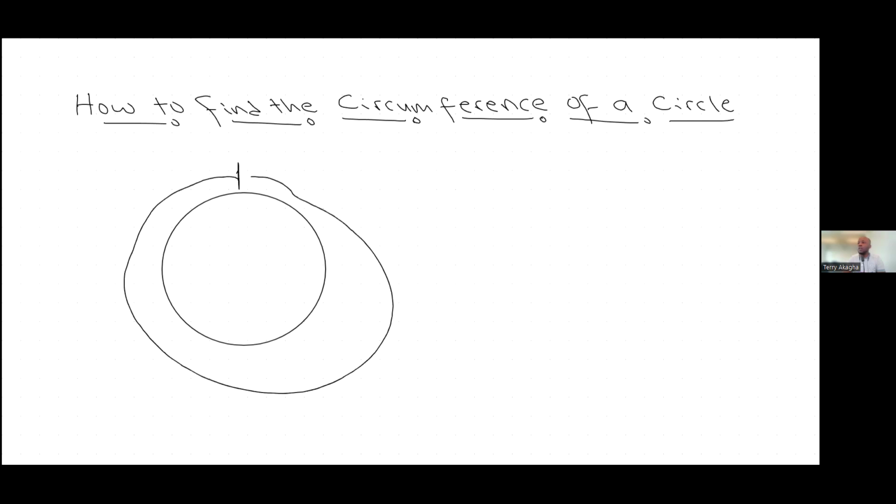So the distance around the circle is what we call the circumference of the circle. And as I said in the previous video, the distance from the center of the circle to the circumference is called the radius.